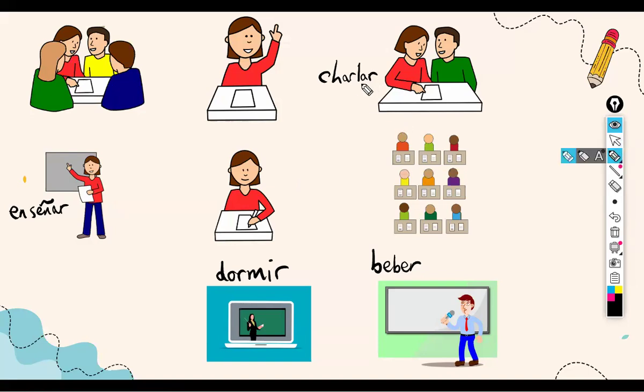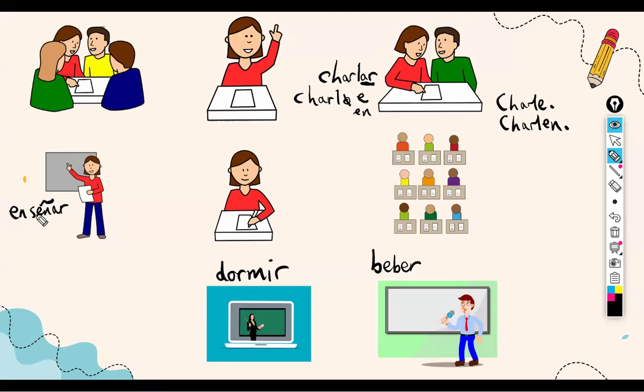Anybody has had that happen to them? All right, so charlar, we go to charlo. Of course not, because nobody uses Google Translate, right? Good, very good. And for the usted form, we add E, and for the ustedes form, we add EN, right? So it would be charle or charlen, usted and ustedes.